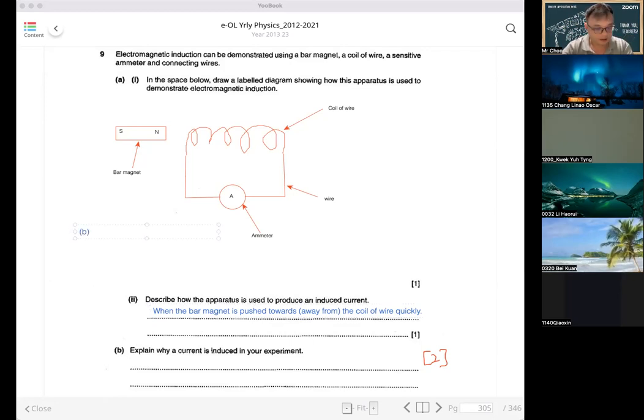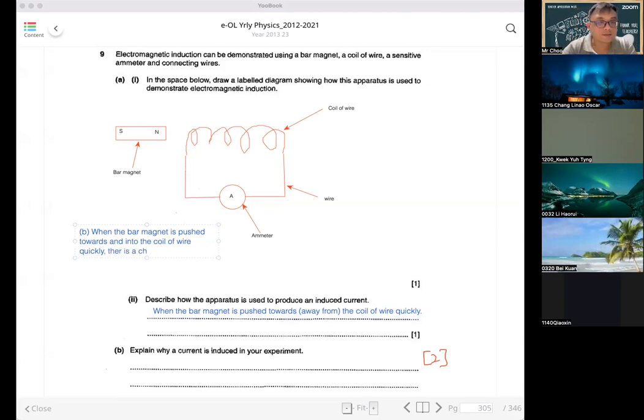Part B. So the first part is stating your answer to part A. So when you do this, what happened?